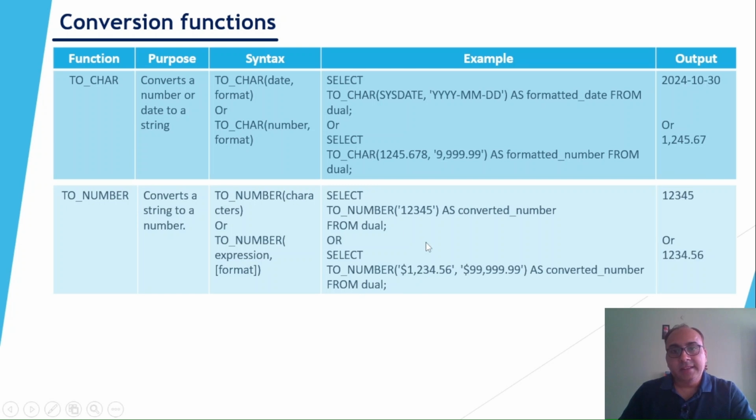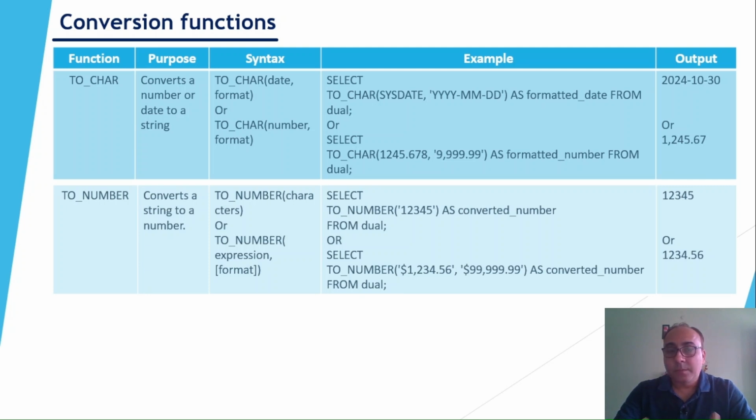As I said, 9 represents a digit, and this particular format is there. So this will convert this formatted string to a number. When we have some sort of formatted string and we want it converted to a number, in such cases we have to use to_number with the format feature.